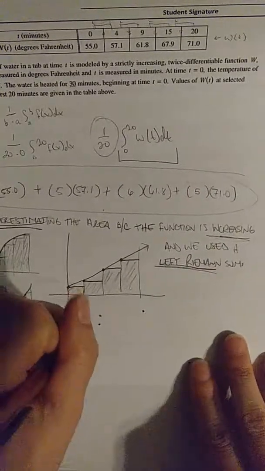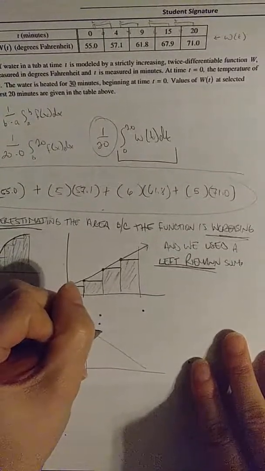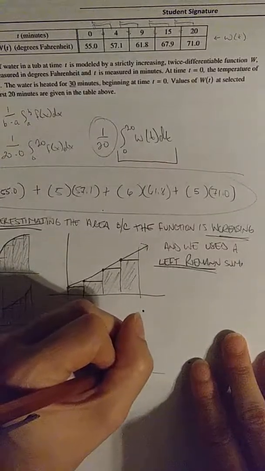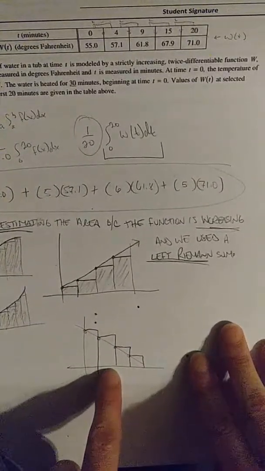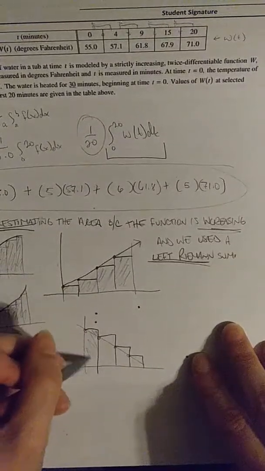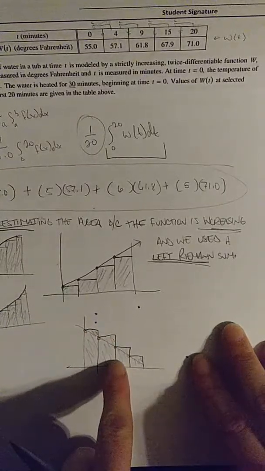If you had a decreasing function and you used a left Riemann sum, it would always overestimate. So this is something that I find difficult to just memorize and to just know off the top of my head. So you can see here that the area of these rectangles is more than just the area underneath the curve, right?